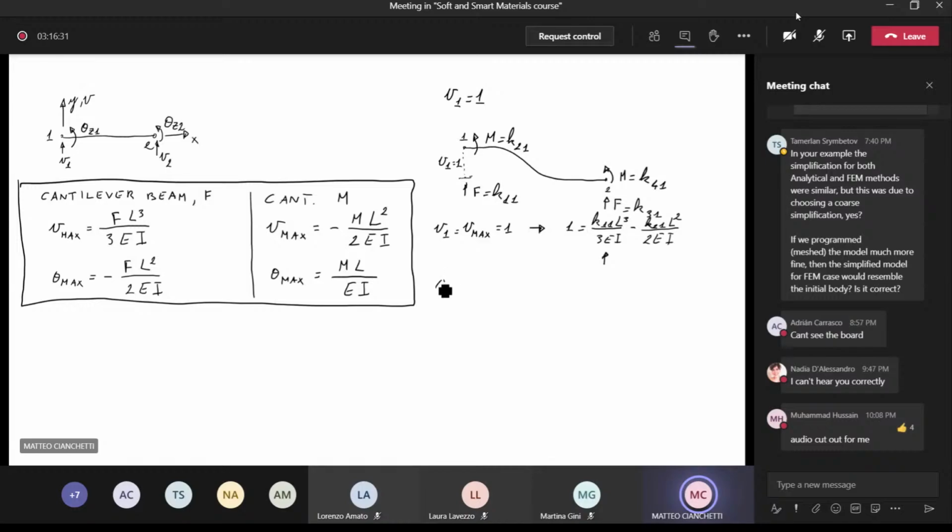For the rotations, we know that having activated V1, the maximum rotation is equal to 0, because we have to activate the degrees of freedom one by one. This means that 0 is equal to the two contributions given by the rotation.